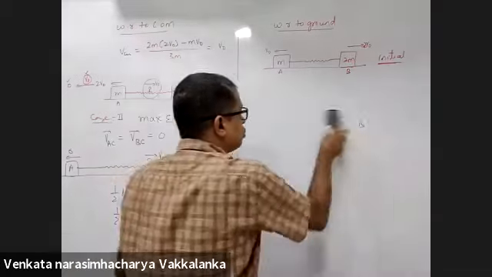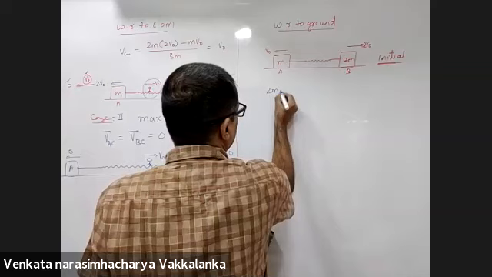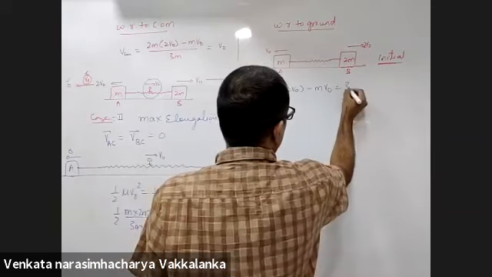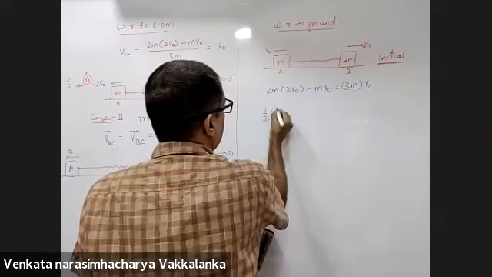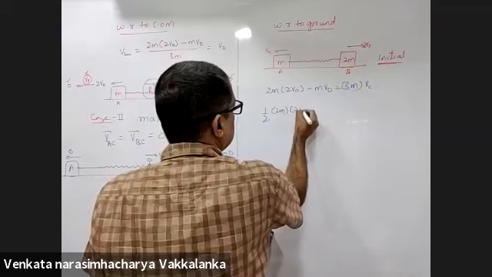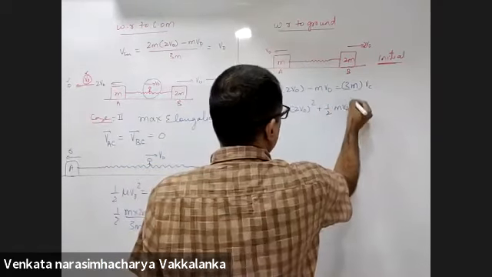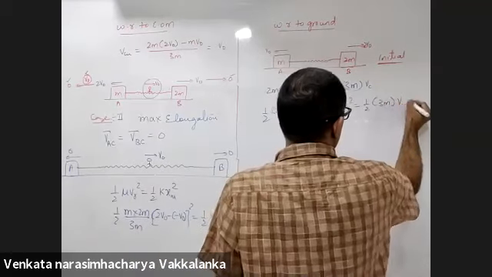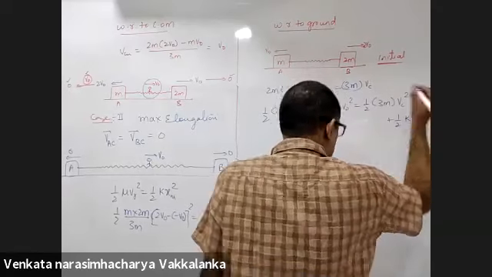If I were to solve this with respect to ground, you will write 2m into 2v naught minus m into v naught is 3m into v common. Half 2m into 2v naught square plus half m into v naught square is half into 3m into v common whole square plus half kx maximum whole square.